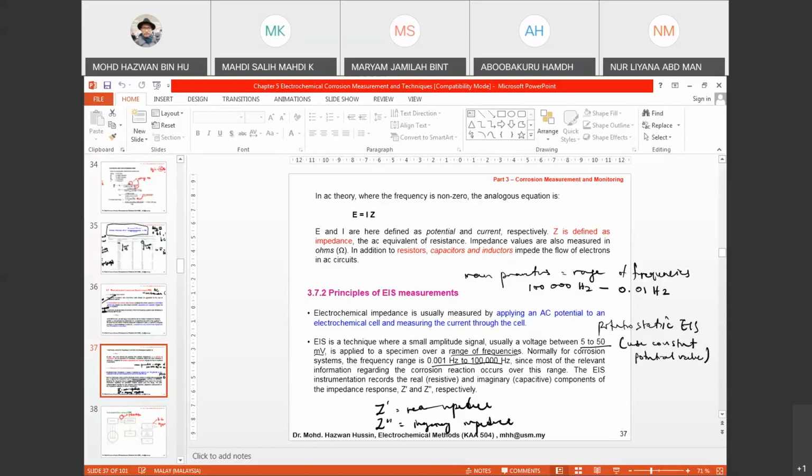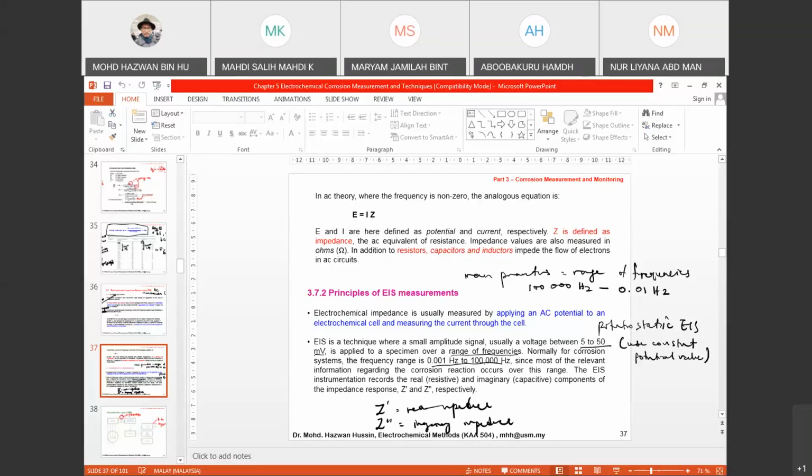The experiment acquires a constant potential value ranging from 5 to 50 millivolts. It depends on the samples, but normally for metal samples, people use 5, even lower, or if the metal is quite resistant, like stainless steel, maybe we can slightly increase it to 50 millivolts.